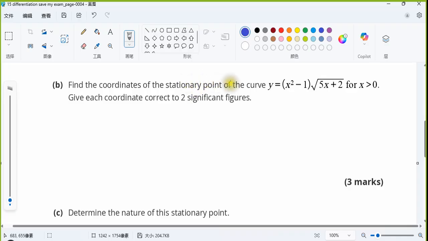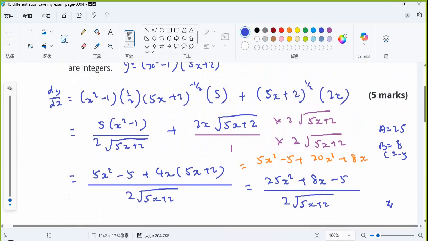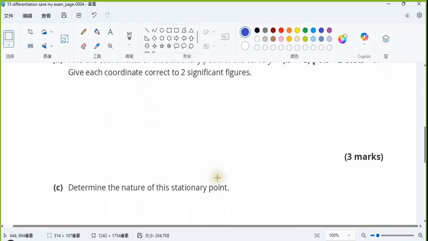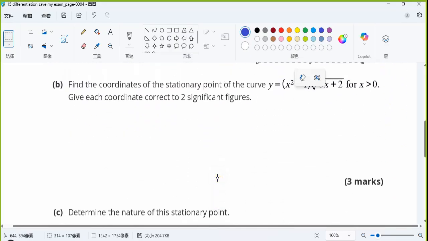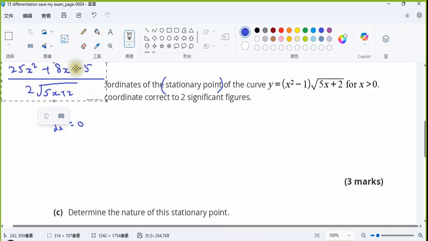We find the coordinate of the stationary point, correct to two significant figures. Okay, so we will have dy dx equal to 0. Stationary point, so dy dx equal to 0.